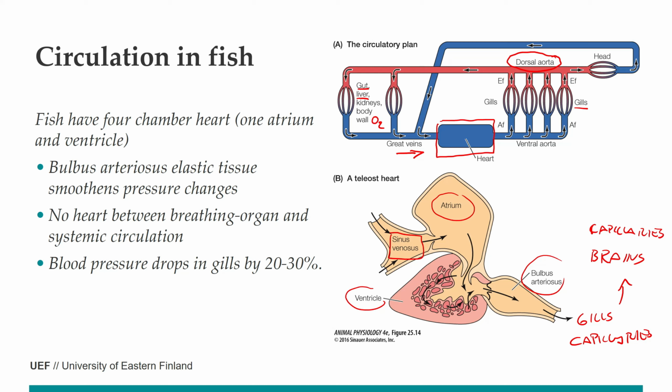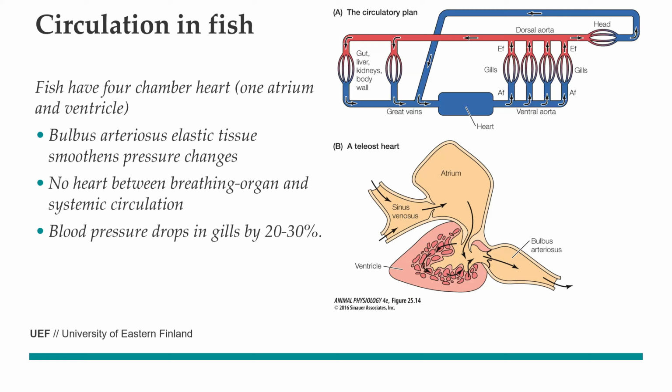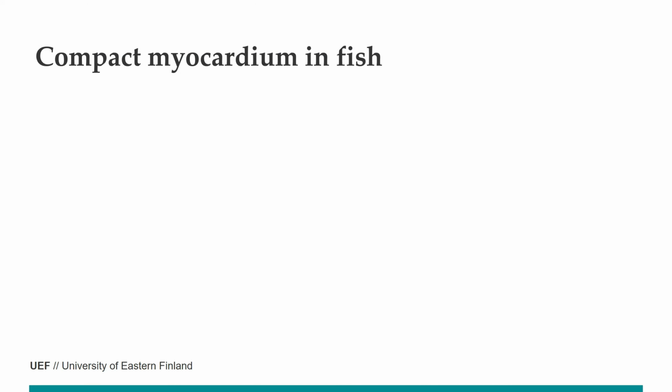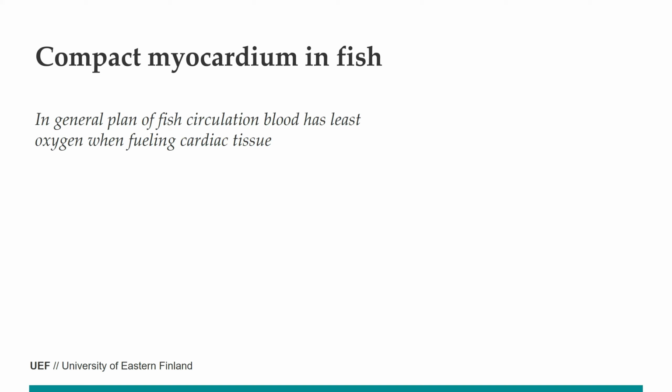So there's not much oxygen available in the worst case. And for that reason, in some fish we have the compact myocardium. So the idea is that in general the fish heart is having the least oxygen of all tissues.